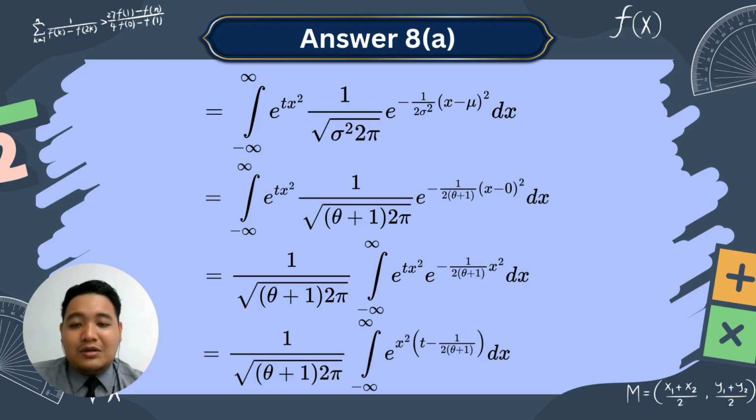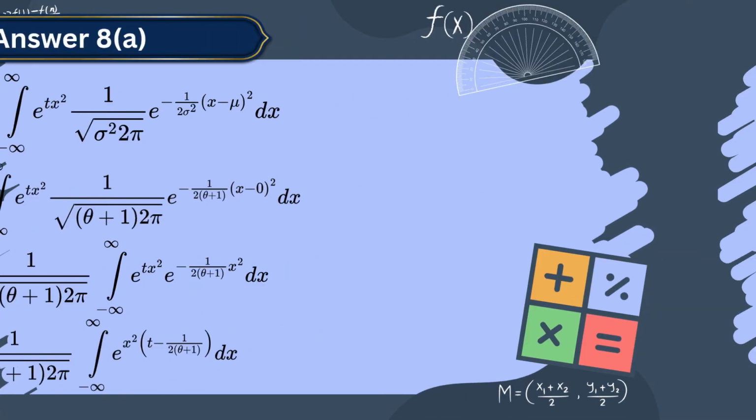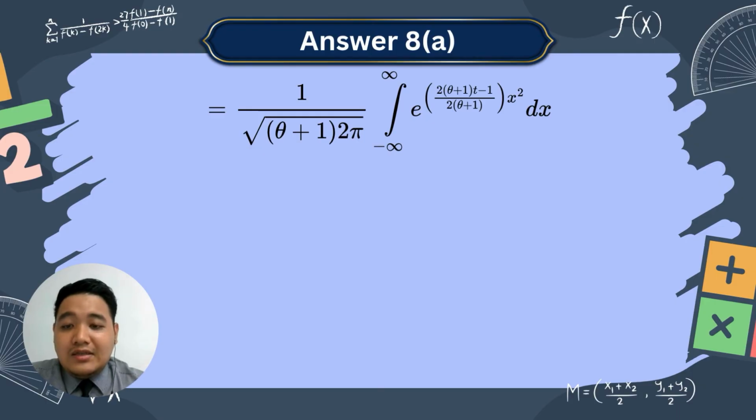So we can look at the integral and we can know what function it is. Now, if you look at the list of distribution functions, we can see that the only distributions having domain from negative infinity to infinity are the normal distribution and the standard normal distribution.